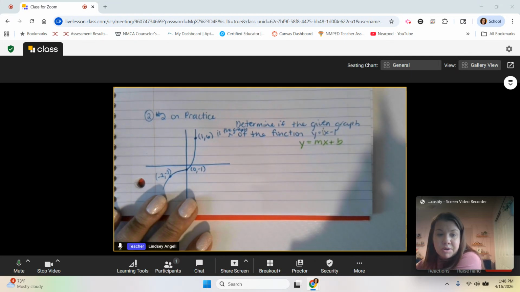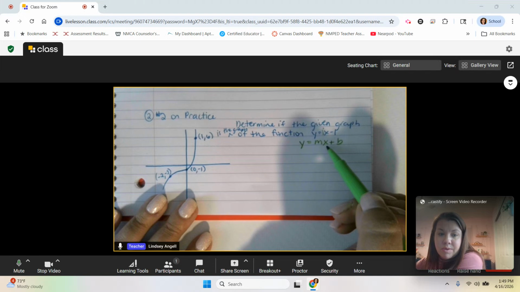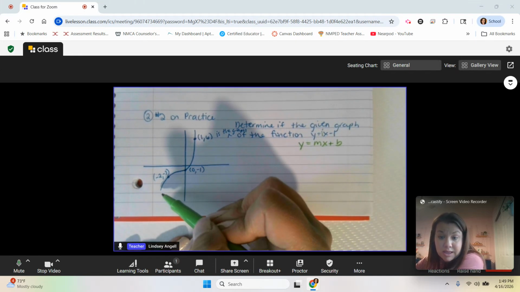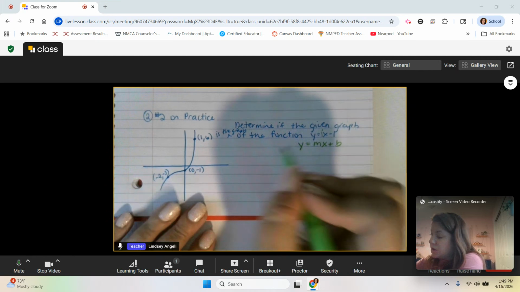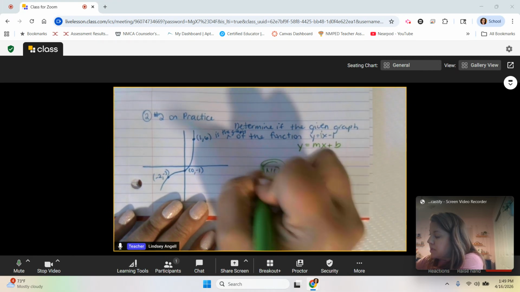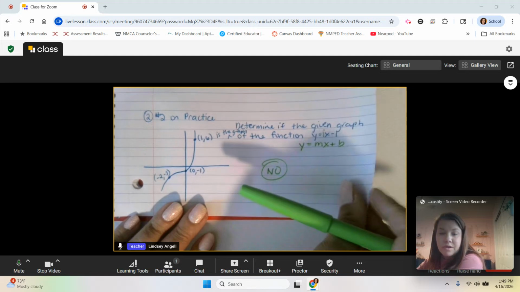But otherwise, it's in slope-intercept form. So this is a linear function, all right, with the way it's written. Does this look like a line? No, right? It's not straight. It's curved, okay? So this one, the answer would be no, okay? It is not the graph for that function.